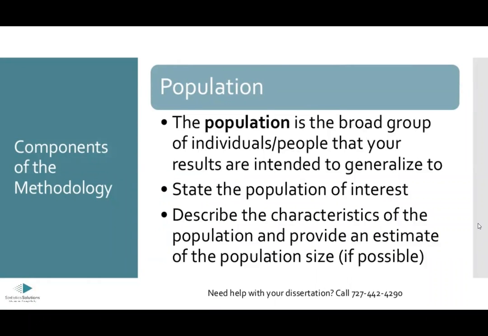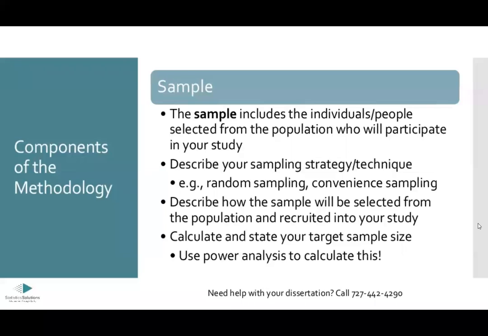So these are some demographic characteristics that you might provide the reader with some examples so that they can really understand the population. And the reason that you want to do that is because specifically with quantitative studies, we want to make sure that the sample that you are studying is representative of that population. So you just want to make sure that they have some background knowledge that they can look at in order to make that comparison.